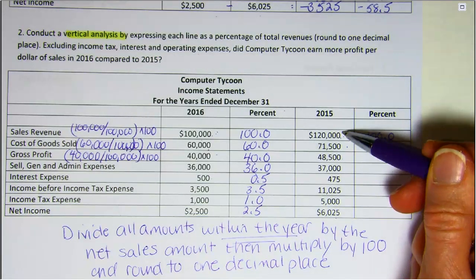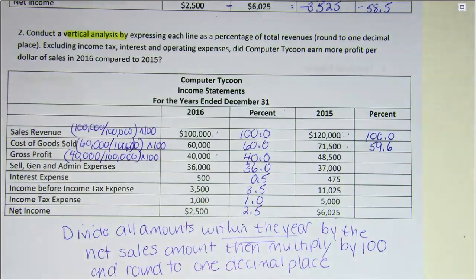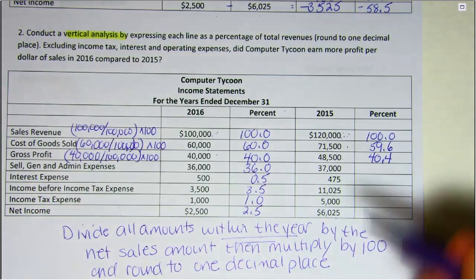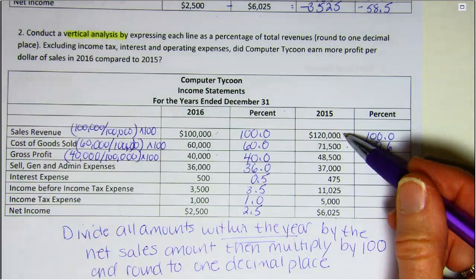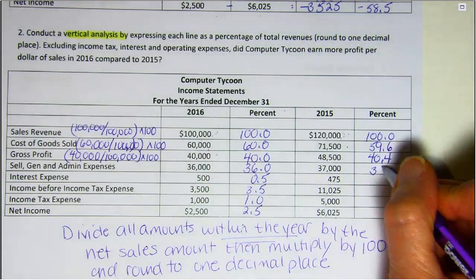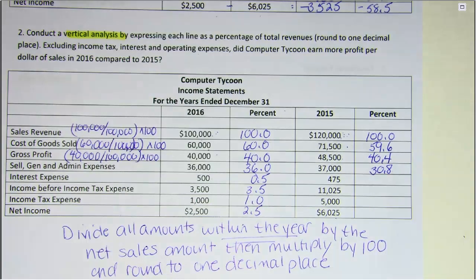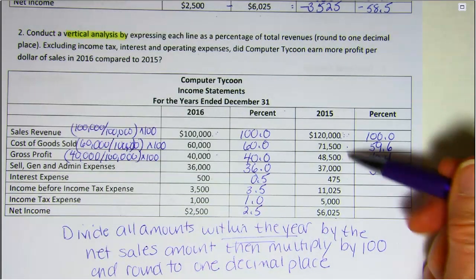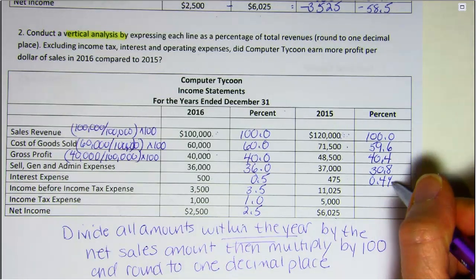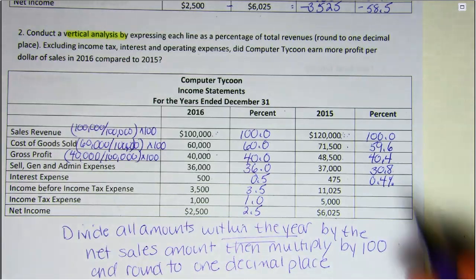48,500 divided by 120,000 gives you a decimal, multiply it by 100 to change it to a percent, and round to one decimal place, 40.4%. 37,000 divided by 120,000 gives you a decimal, multiply by 100 to change it to a percent, and round to one decimal place, 30.8%. And we do the same thing with each item, divided by 120,000, and then multiply by 100 to change it to a percent and round to one decimal place.